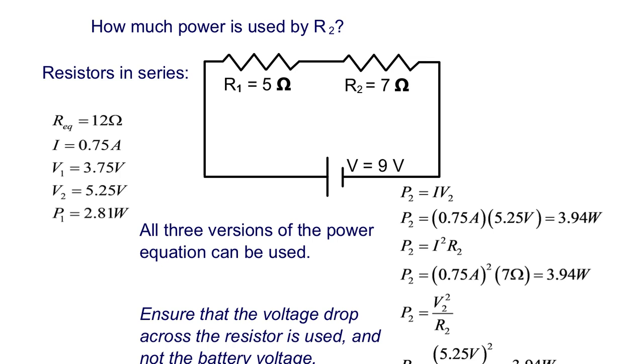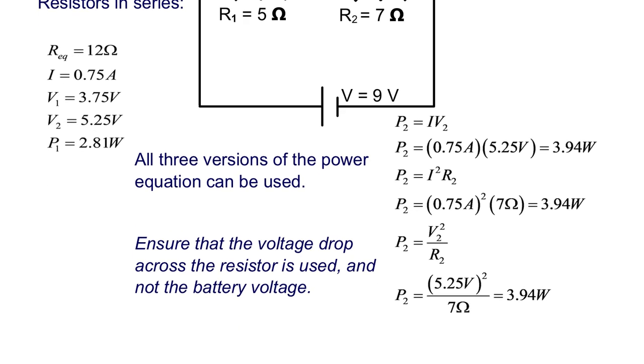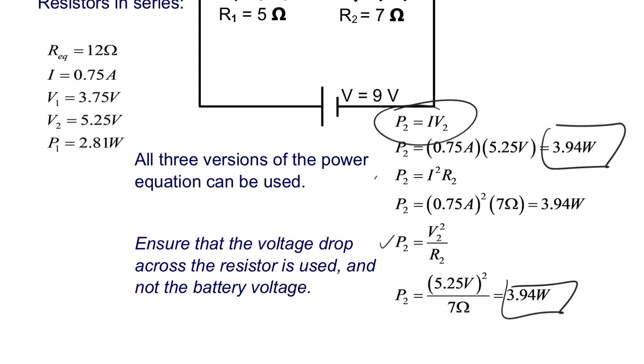So here they're asking for the power used by the other resistor. It's the same exact thing, so you can follow the work. And you get 3.94 watts. I would have just done this right here: P equals IV, simplest equation. But you could use either of the other two.